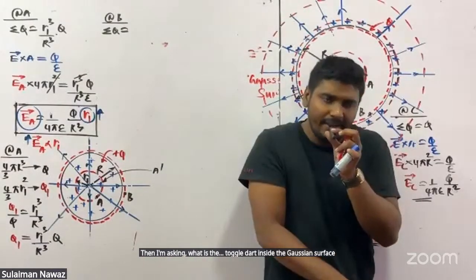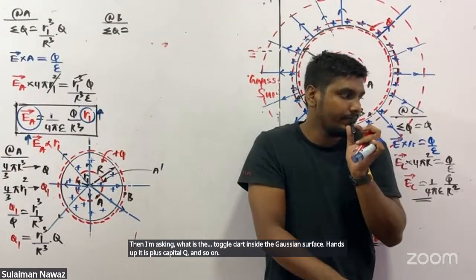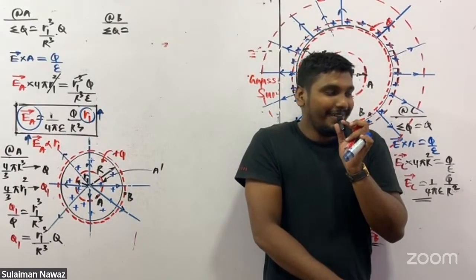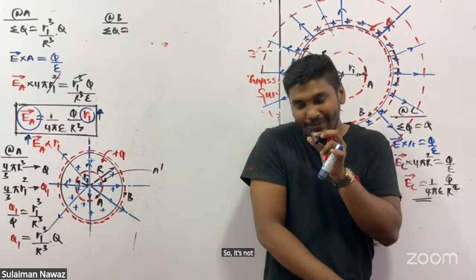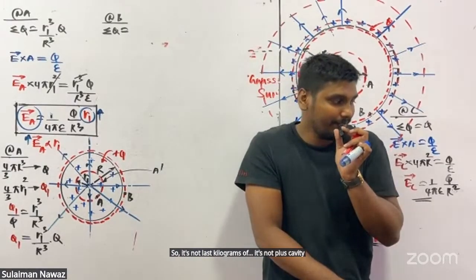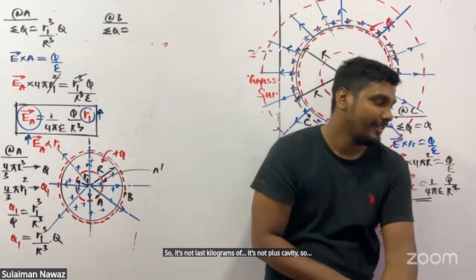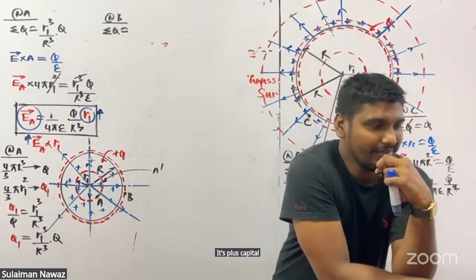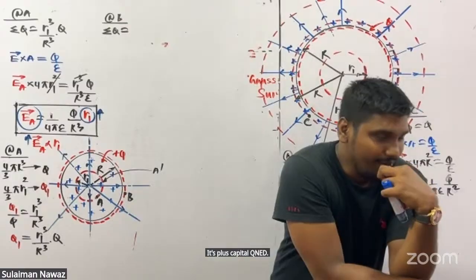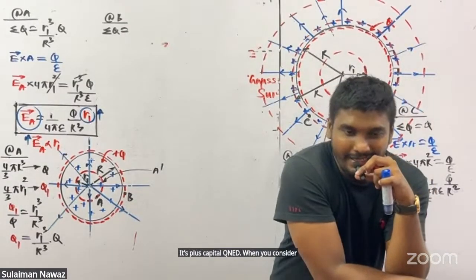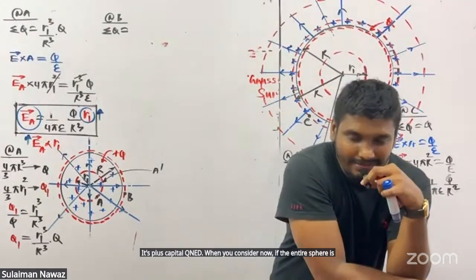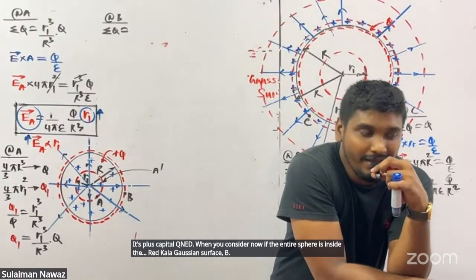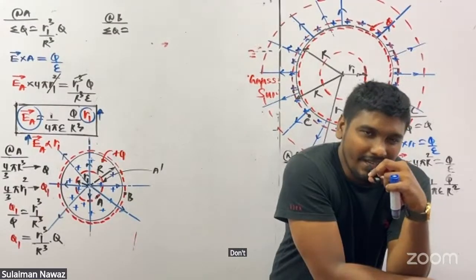Hands up if it is plus capital Q. If the entire sphere is inside the red color Gaussian surface B, don't you agree that the total charge is plus capital Q?